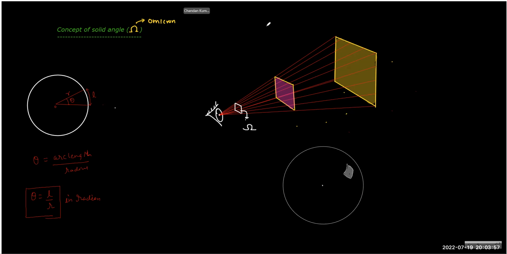Now this patch lies on the sphere. So if you join the patch to the center of a sphere, then this will also subtend some solid angle.